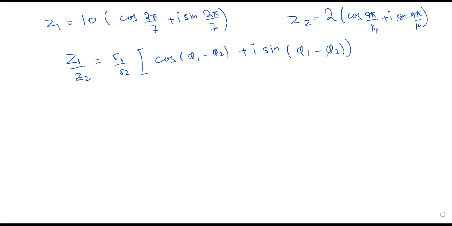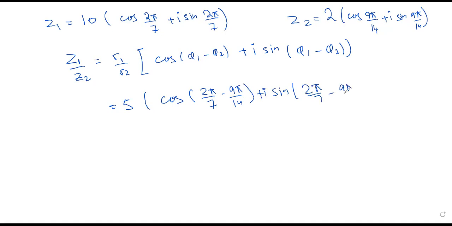R1 by R2 is 10 by 2, which is 5. Very good. And what is theta 1 minus theta 2? It is 2 pi by 7 minus 9 pi by 14, which will be negative 5 by 14 pi.